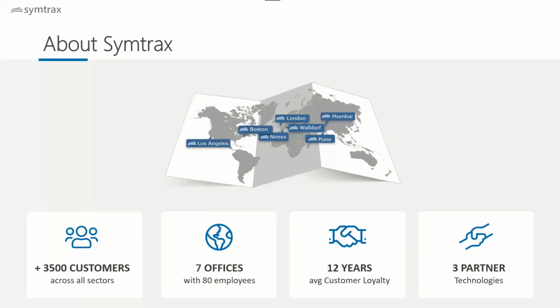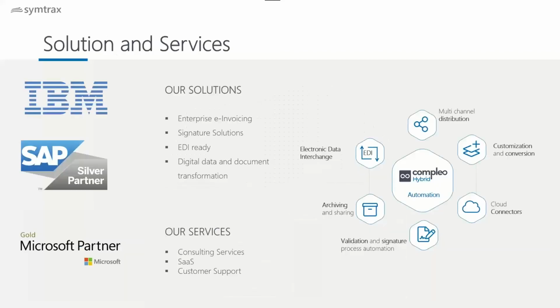On average, we have 12 years of customer loyalty, so we get continuous business from our customers. We have 3 technology partnerships: a partnership with IBM, a silver partnership with SAP, and we are a gold certified Microsoft partner as well.